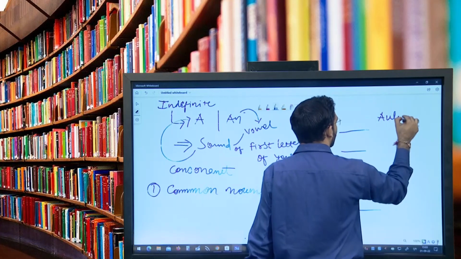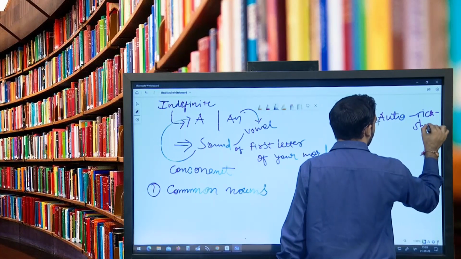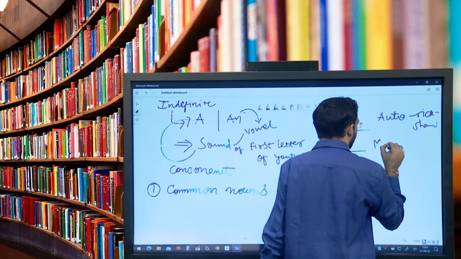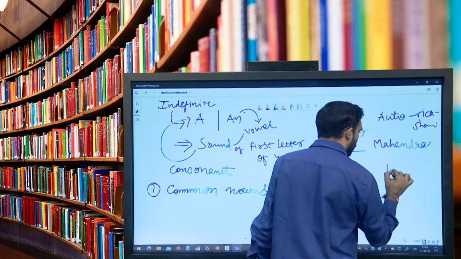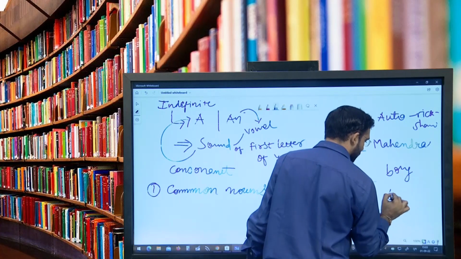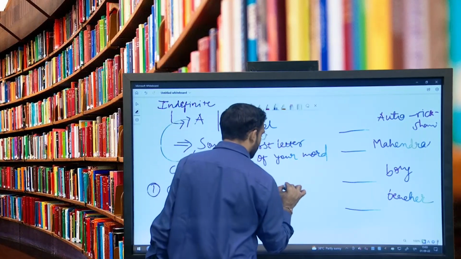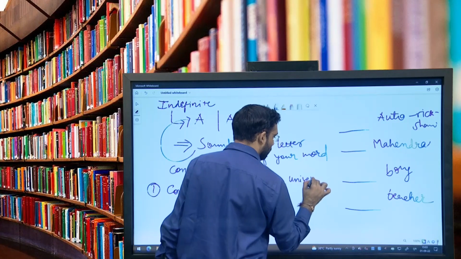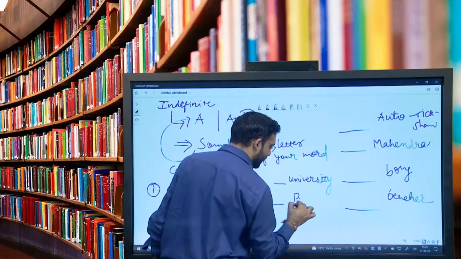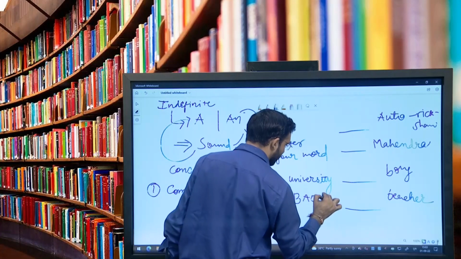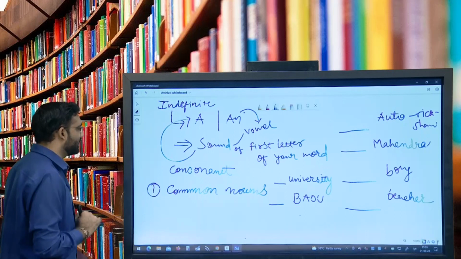Suppose I write auto rickshaw, Mahendra, boy, teacher, university, and Baba Saheb Ambedkar Open University. I'm writing it in short.